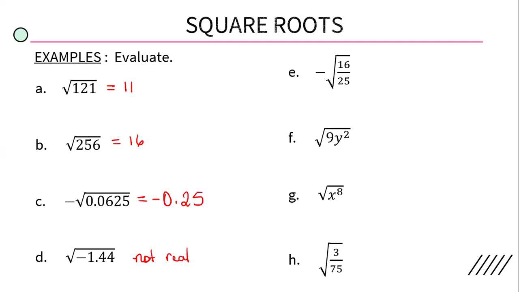You would insert your square root symbol just like before, your negative sign, and then the number 1.44. And your calculator should give you an error. Now, for those of us who have a fancy calculator, it would give us something like 6/5 or 1.2 with the letter i, telling us that it's a complex number. Even so, it's the same thing as not real, because the number is not a real number.